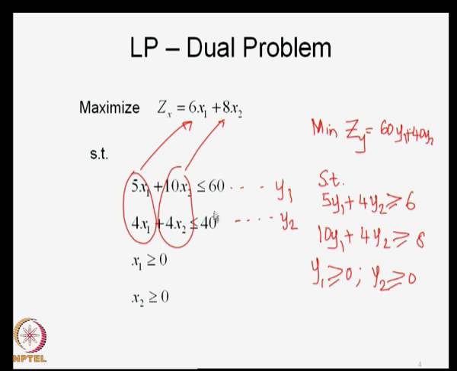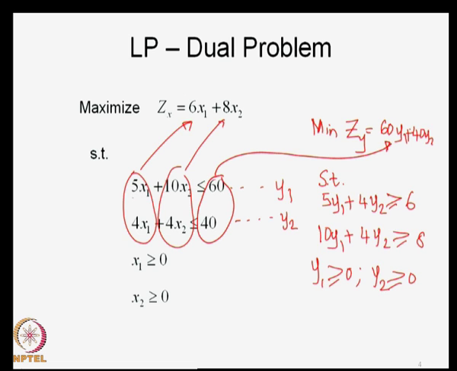The right hand side of the constraints of the original problem become the objective function coefficients of the dual problem. So, I write 60 into y 1 plus 40 into y 2. The right hand side values of the constraints become the coefficients of the objective function.